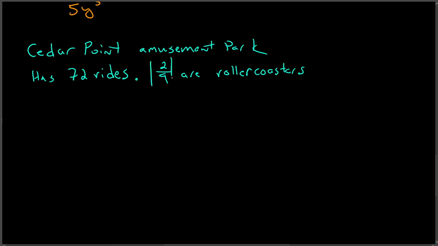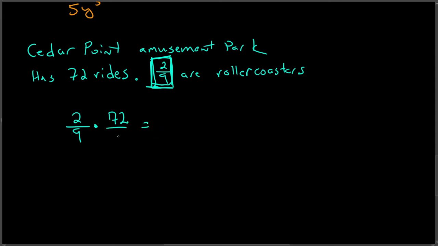Now, what happens is when we have a ratio like this, it's saying 2 out of every 9 are a roller coaster. So if I divide 72 by 9, that's going to tell me how many collections of 9 there are. And whatever that answer is, I multiply by 2, and that's how many are roller coasters. But what's really nice about ratios like that is I can say 2/9 of, and I'll use multiplication for of, 72 would be the total number.